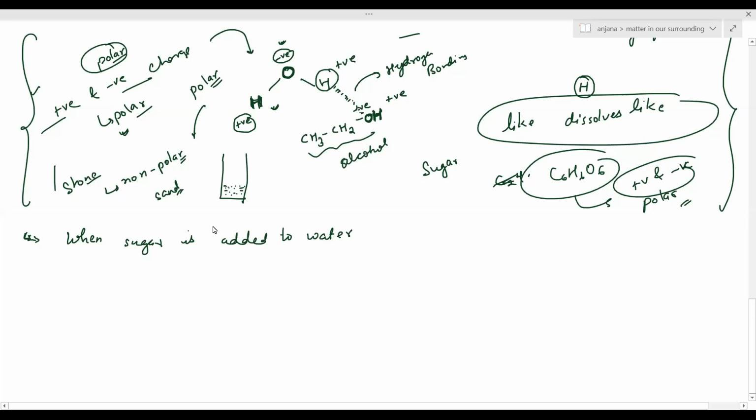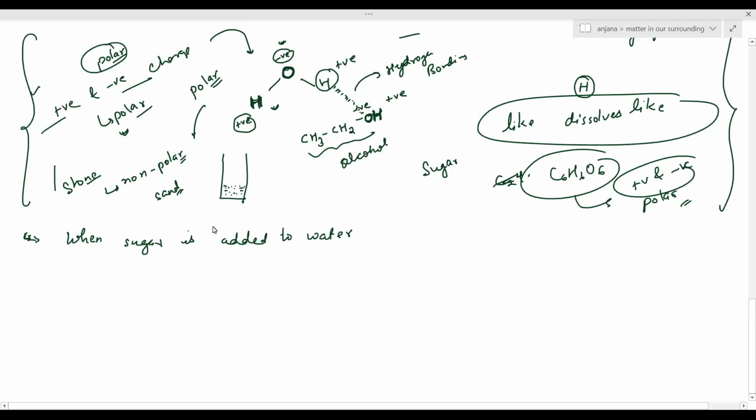It seems that sugar has disappeared in water.